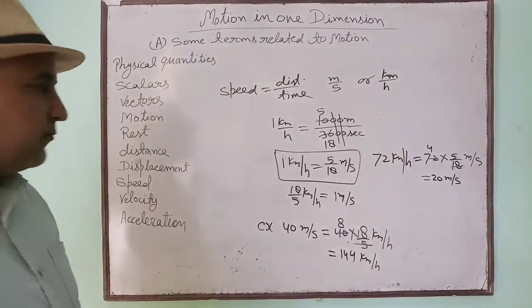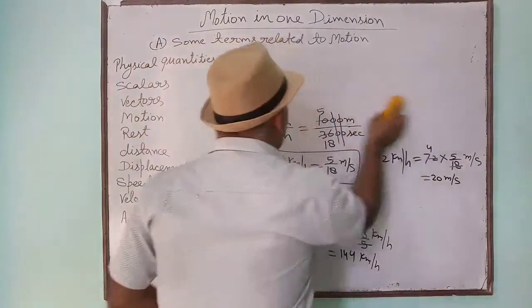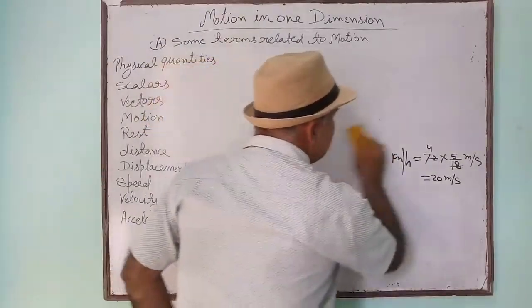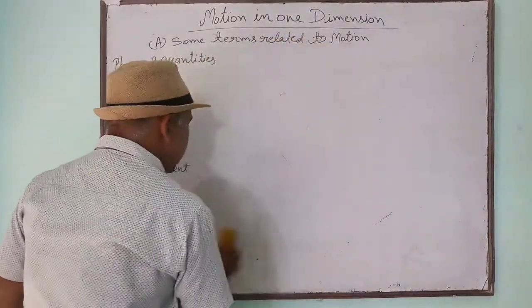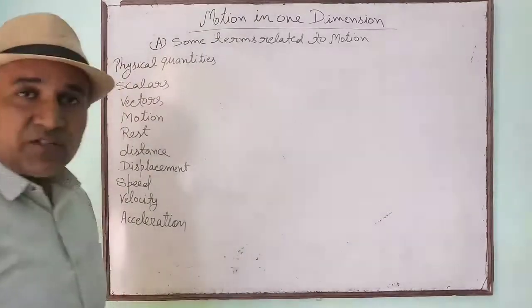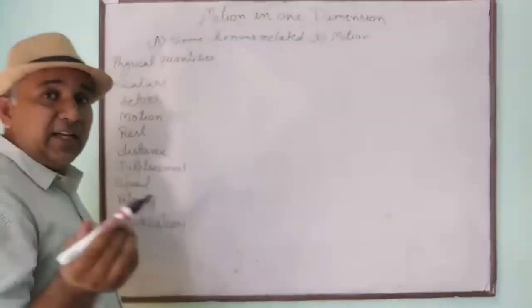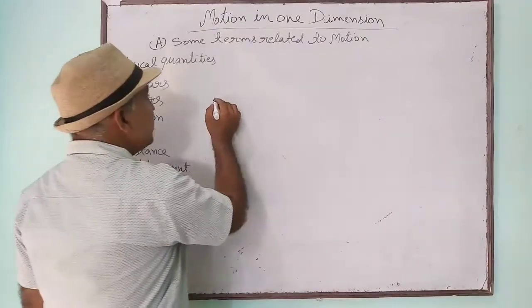Understood these things? Now, after that you studied the average speed, average velocity and so on. How to find the average speed? See one example.